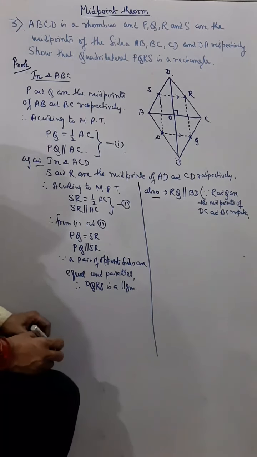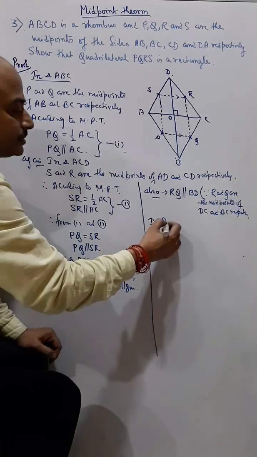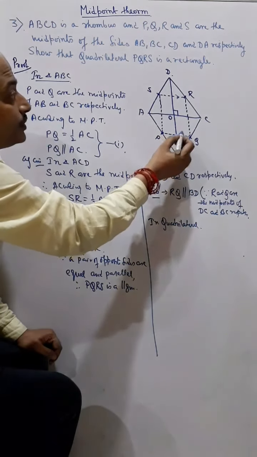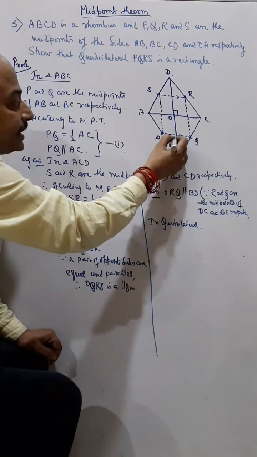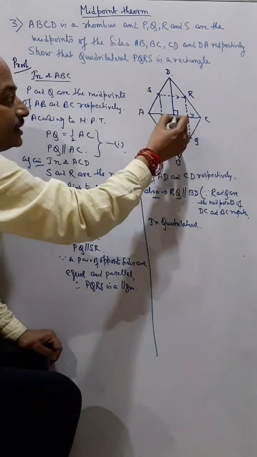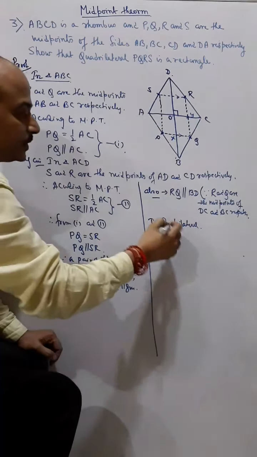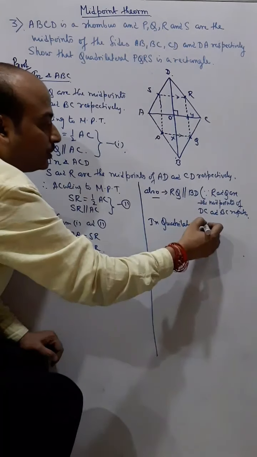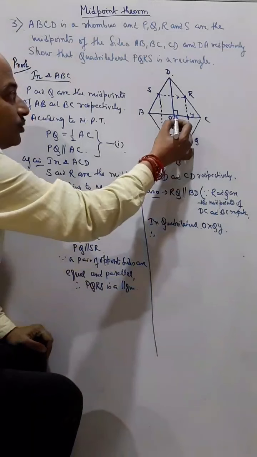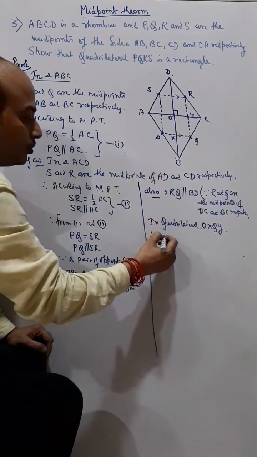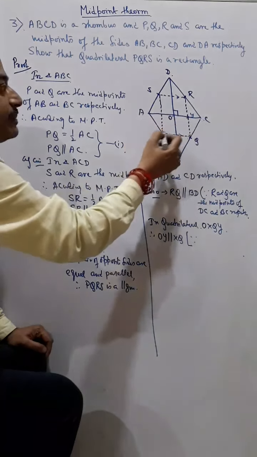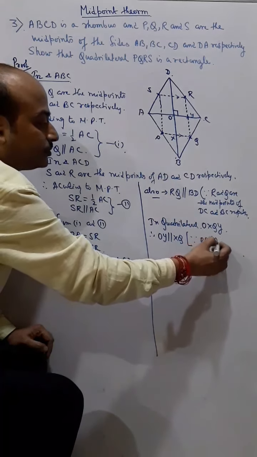So finally we can say that in quadrilateral, okay, now this is O, now if I give a lettering here X and if I give a lettering here Y, I can say in quadrilateral OXQY, we can say that OY is parallel to XQ, since AC is parallel to PQ, we have proved above, PQ is parallel to AC.